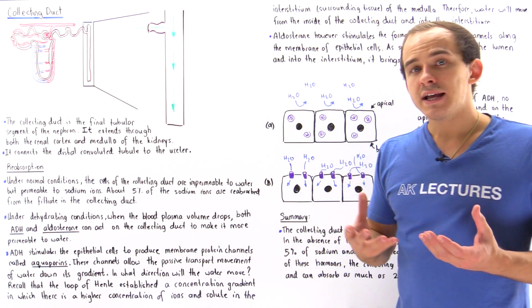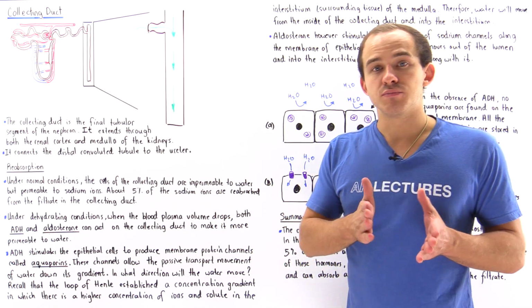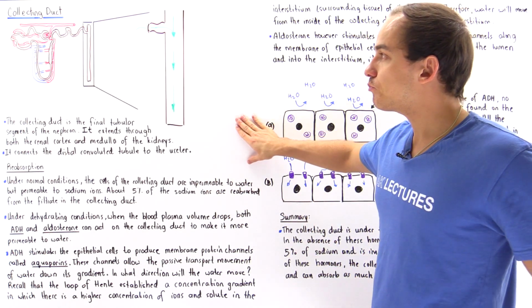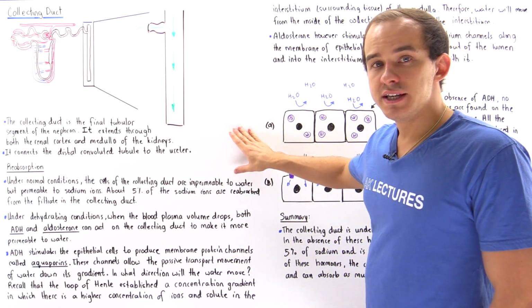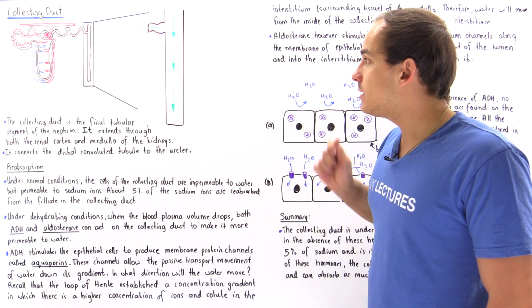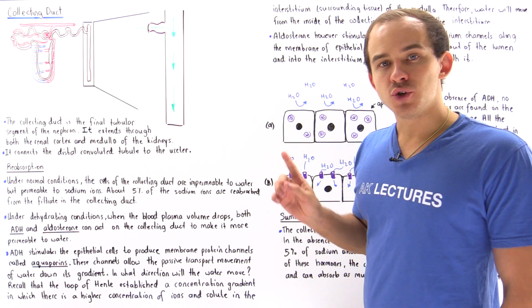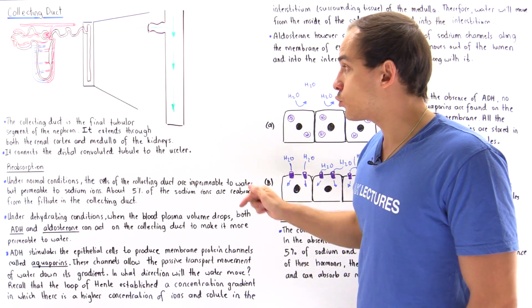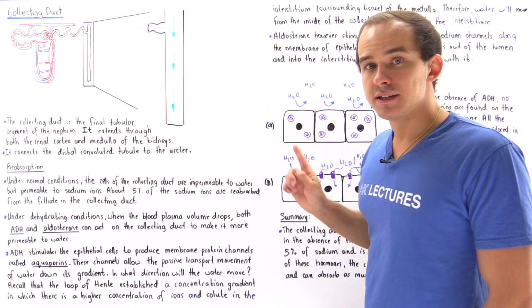Well, the collecting duct is involved in reabsorption, and we'll see what it reabsorbs in just a moment. So, under normal conditions, in the absence of any type of hormone, the collecting duct is impermeable to water, and that means no water is reabsorbed or secreted into our collecting duct.